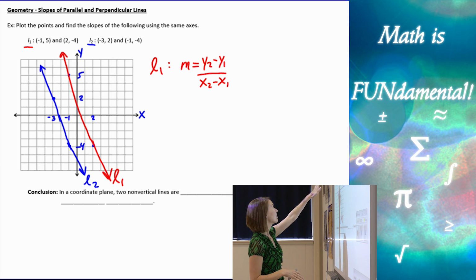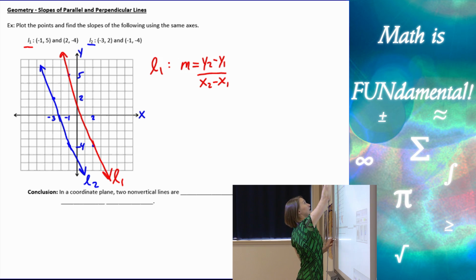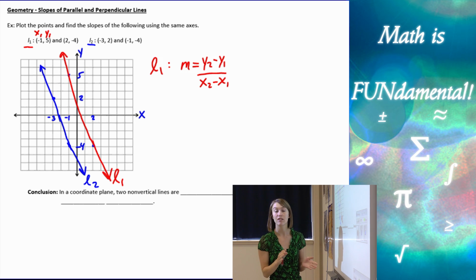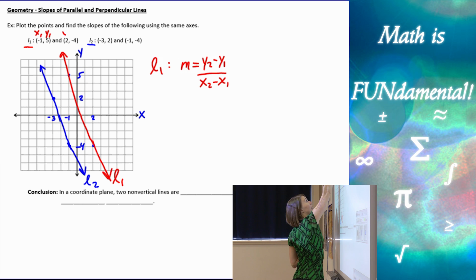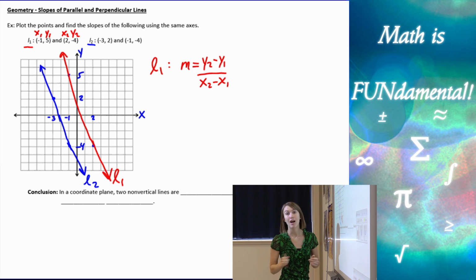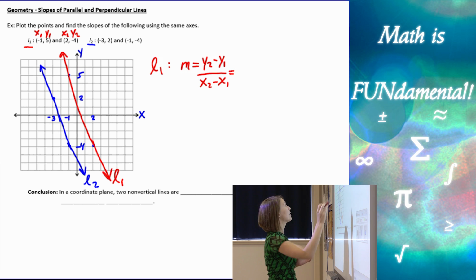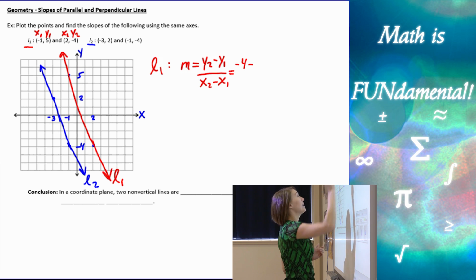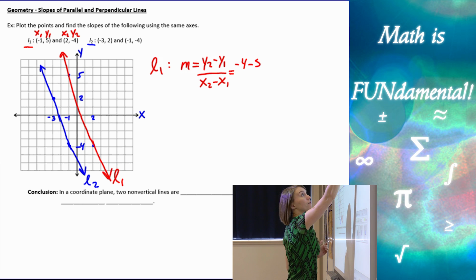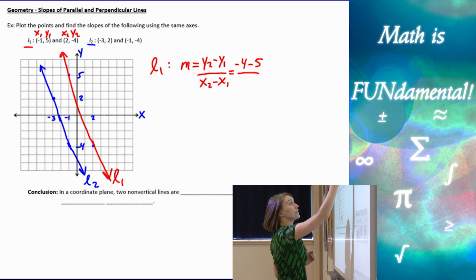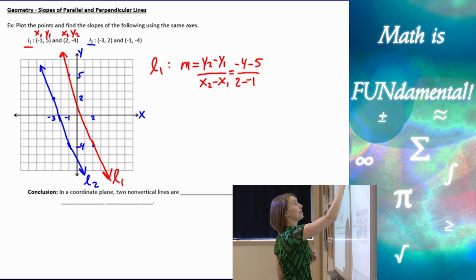We use our points. If you're still getting used to slope, you can always write the letters x1, y1, x2, y2 to help you organize your work. So here, y2 is -4 minus y1 is 5, over x2 is 2 minus x1 is -1.